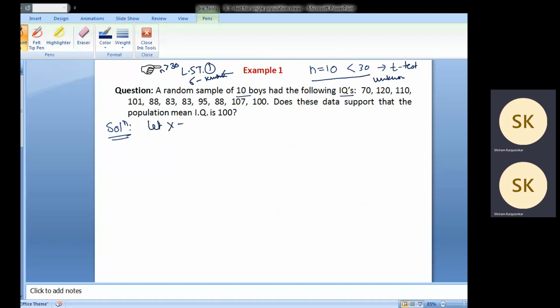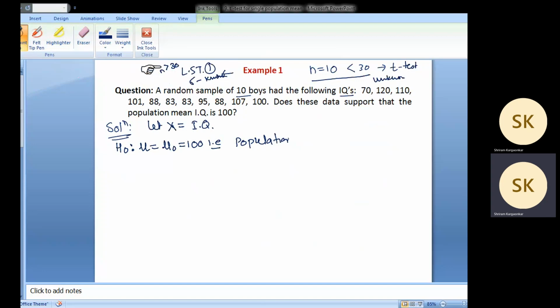What is the variable here? X. Variable means IQ of students. What do you have to test here? It is said that the population mean mu is equal to mu naught, equal to 100. This means that the population mean IQ is 100.